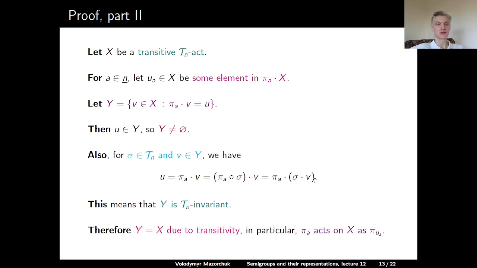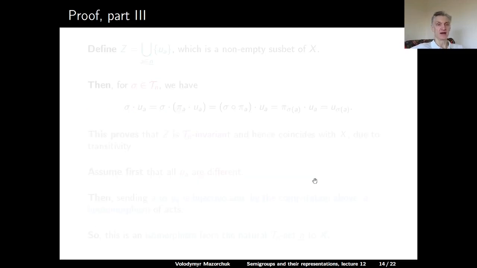So now, due to transitivity, Y must be equal to X, and in particular pi A is a rank 1 transformation of X. It sends all elements of X to our element UA. So pi A acts on X as pi UA. So now we define Z as the union of all those UAs where A is an element in n underlined.